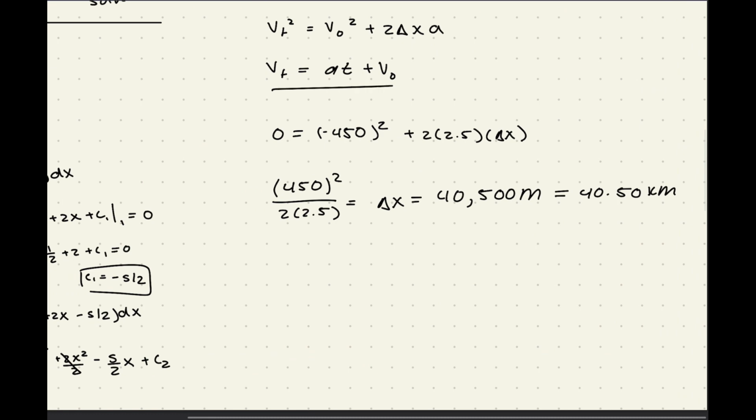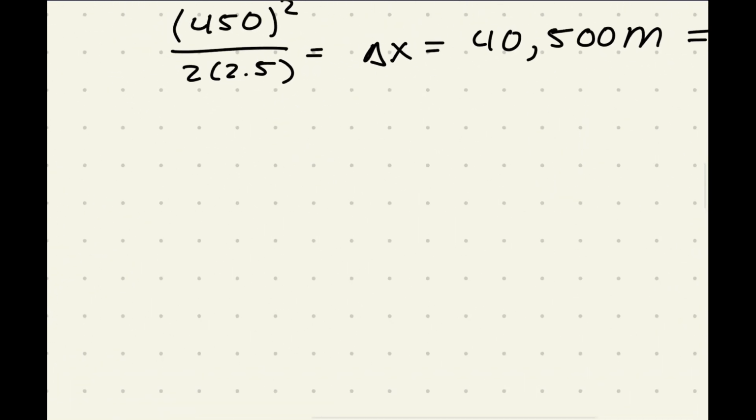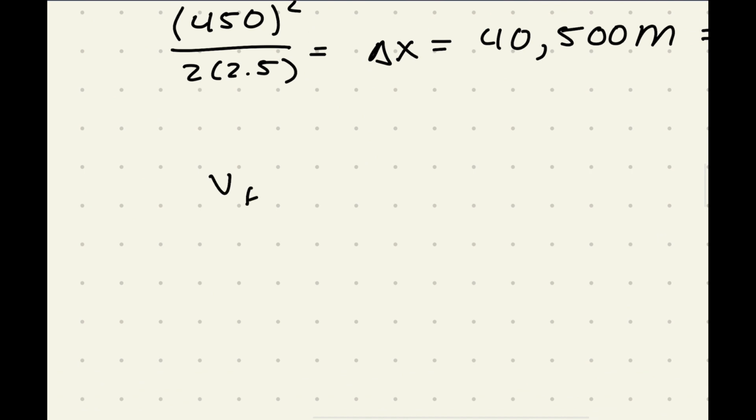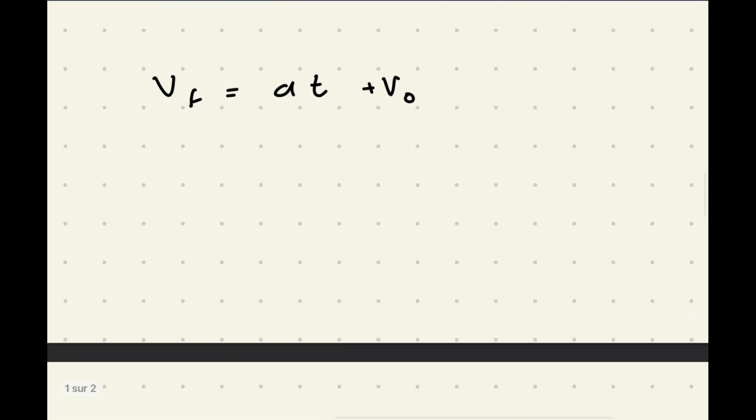So for that, we will use this equation right here. The equation states final velocity is equal to acceleration multiplied by time and then adding our initial velocity. So for this one, we want our final velocity to be zero, meaning that our touchdown speed will be zero, ensuring a soft landing.